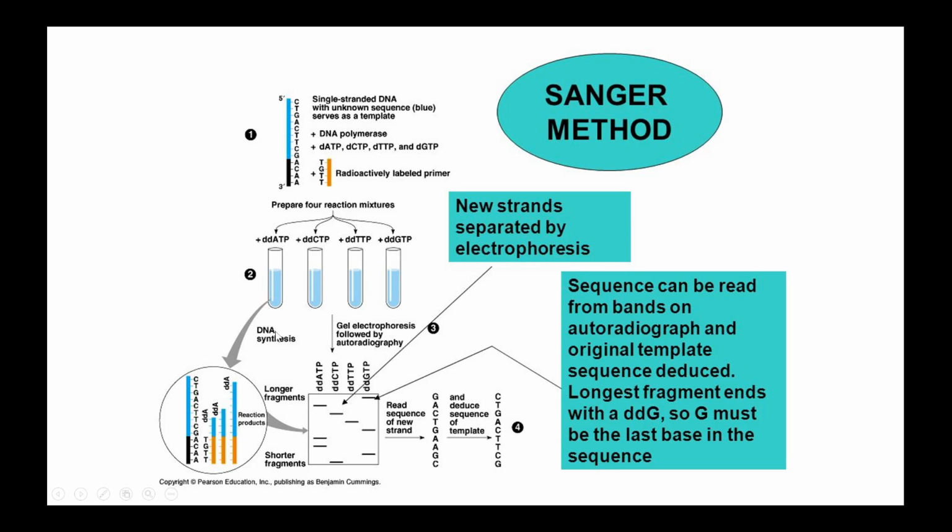We can have a reaction for A, C, T and G, and then run a gel for all 4 reaction vials and analyze the sequence based on the fragments. The smallest fragment will be the first base, then the next will be the second base, and so on.